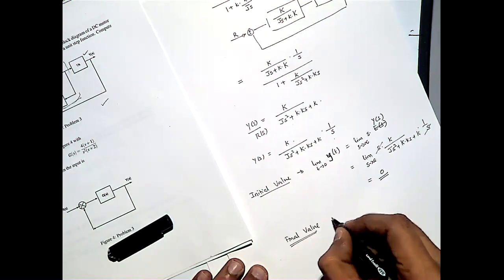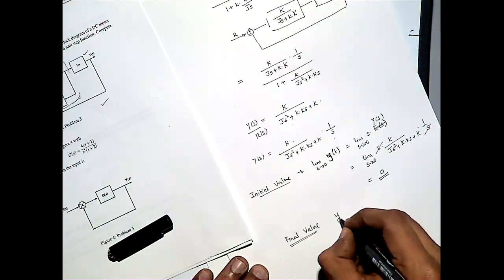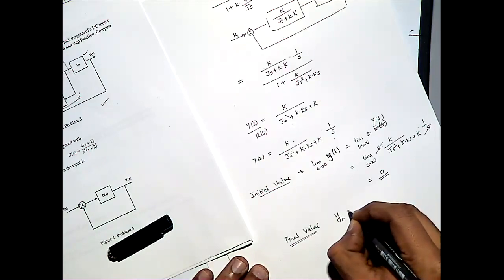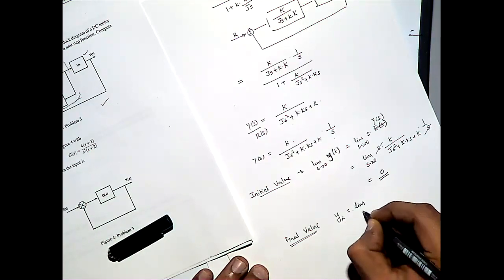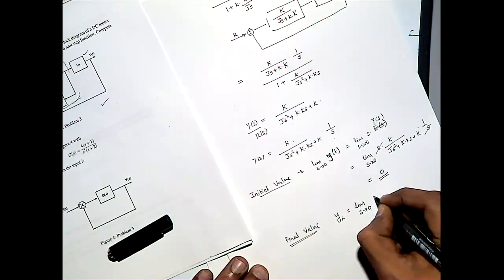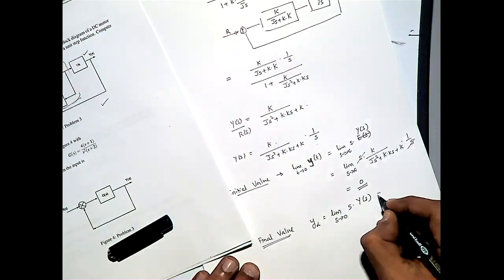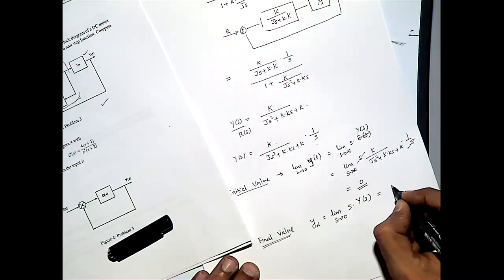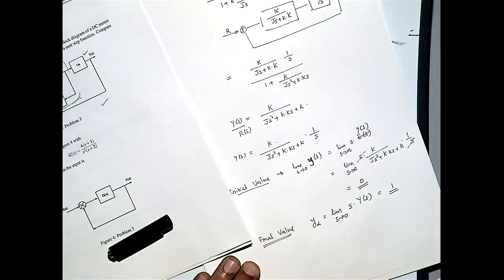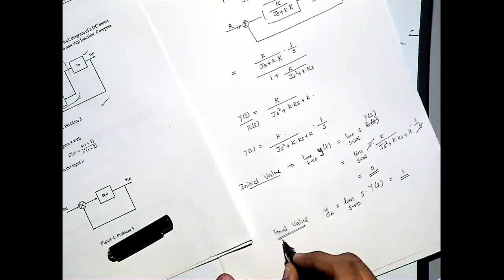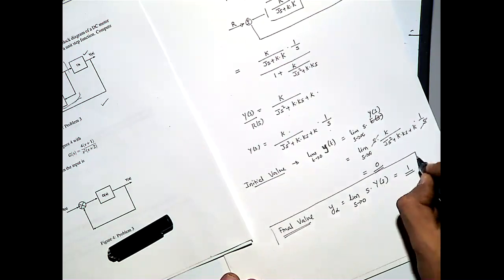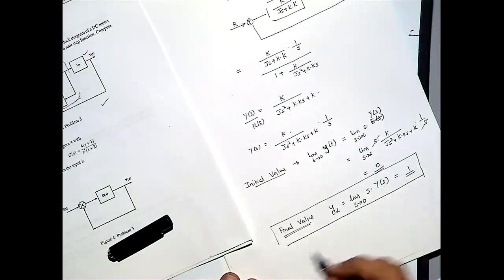Similarly, we know that the final value y infinity is given by limit s tends to 0 of s times y of s. In that case, similarly we will get the answer as 1. But if you want to apply the final value theorem, you cannot directly do that.